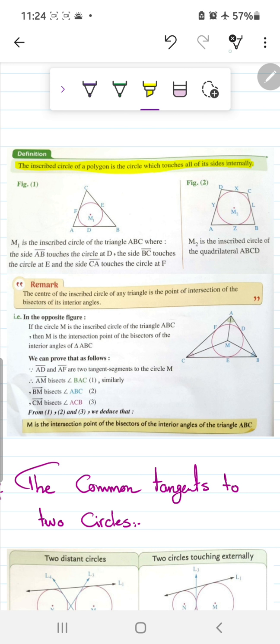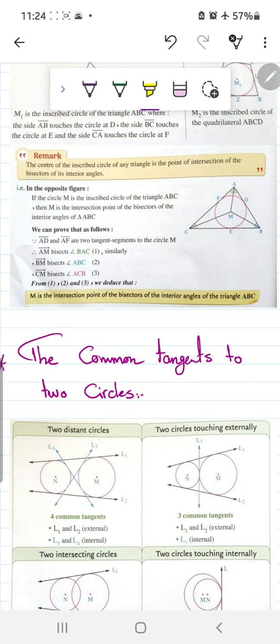In figure 1 we have the inscribed circle of the triangle ABC. The side AB touches the circle at D, the side BC touches the circle at E, and the side CA touches the circle at F. So we call it the inscribed circle. And in figure 2, we have the inscribed circle of the quadrilateral ABCD.